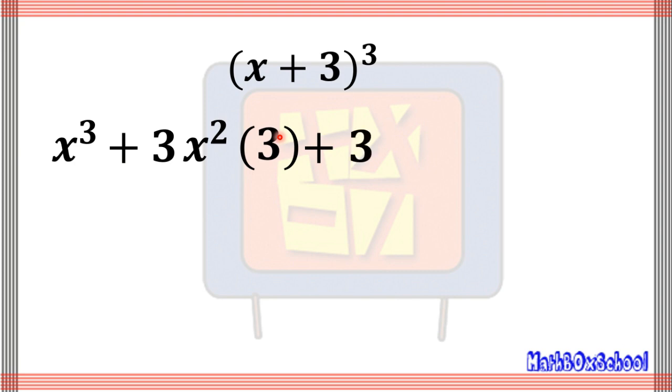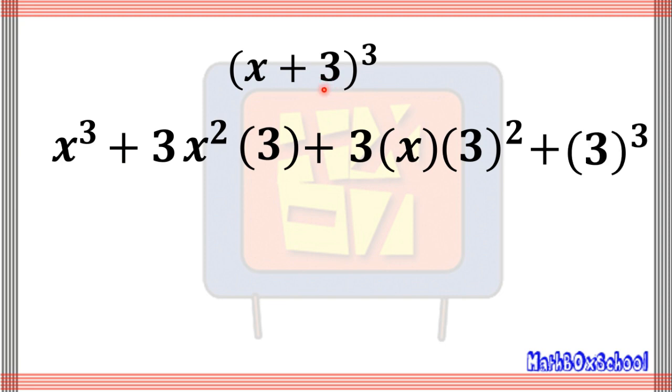Plus 3 times the first term, multiply natin siya sa first term natin, times the square of the second term. Ito po yung second term natin, square, plus cube of the second term. So, ang second term natin ay 3, so i-cube natin siya, so that's 3 cube.